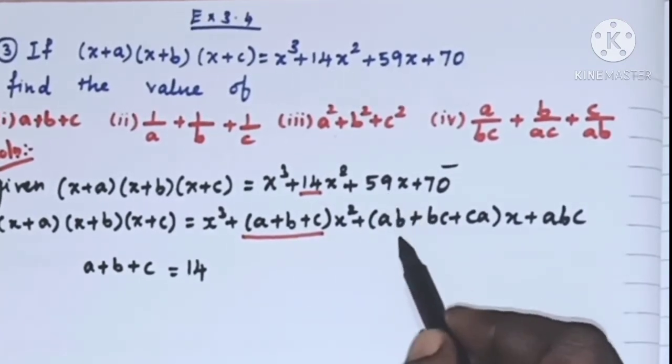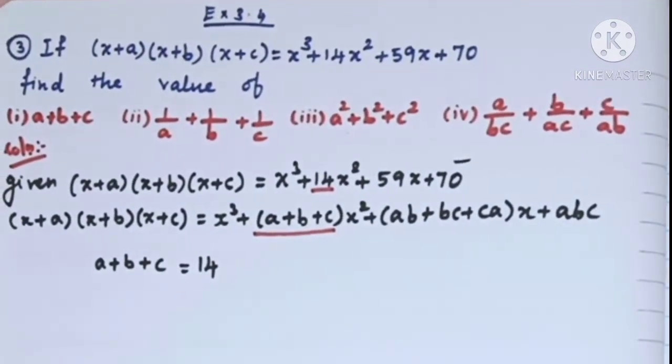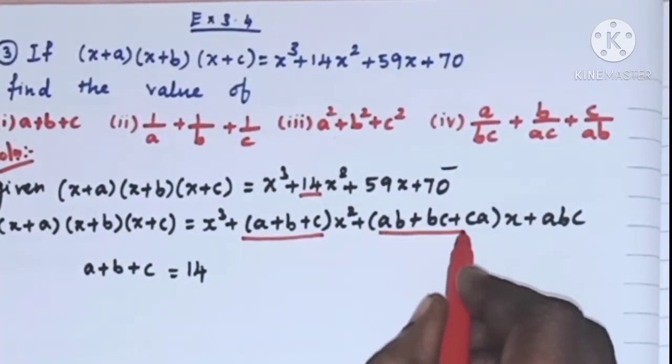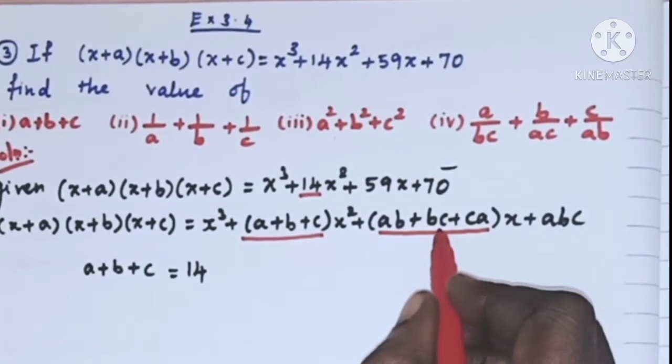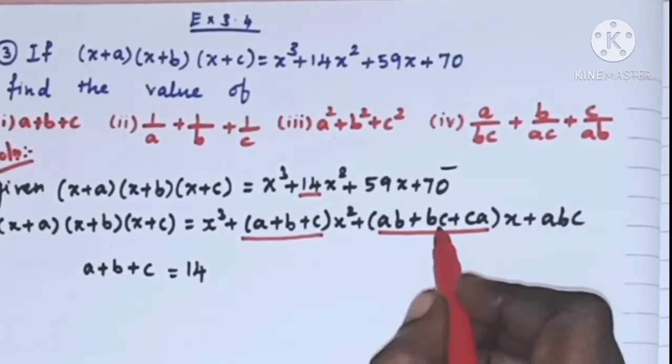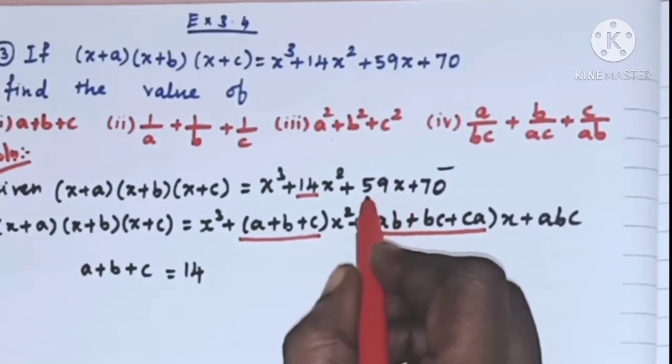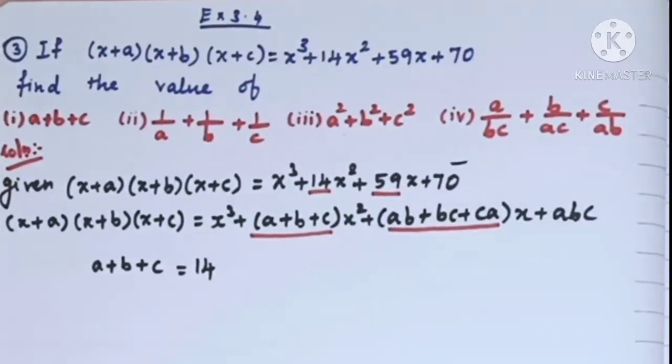And then comparing these two expressions, the coefficient of x is ab plus bc plus ca, but in the expression given in the sum, the coefficient of x is 59.